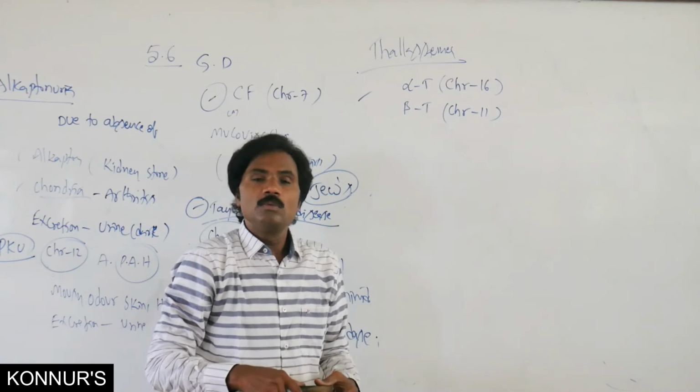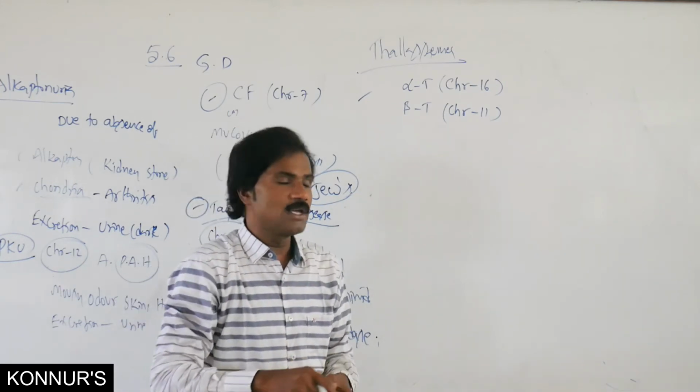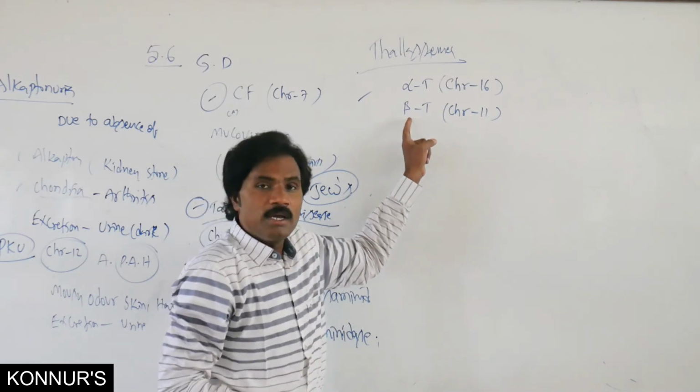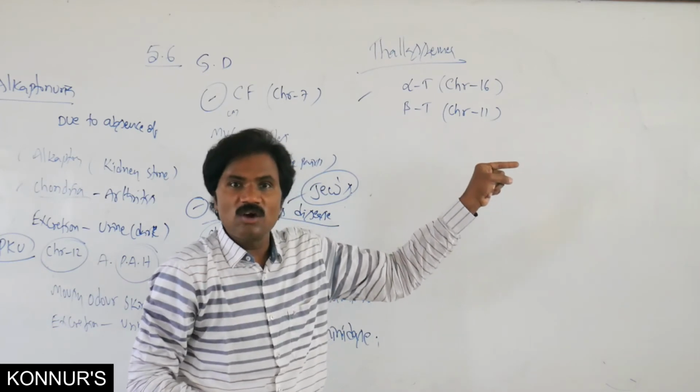Among these two, which is the common type of thalassemia? The common type is beta thalassemia, that is inadequate production of the beta chain.